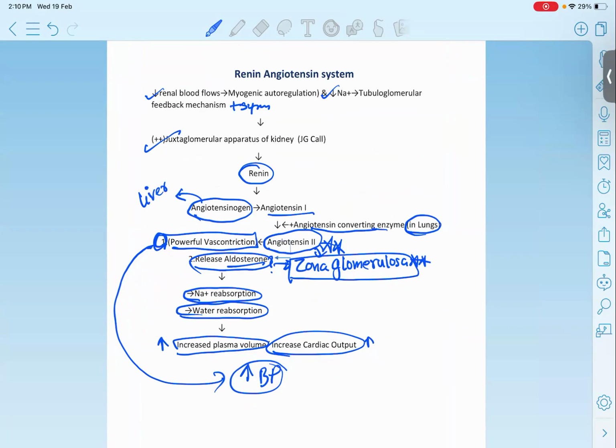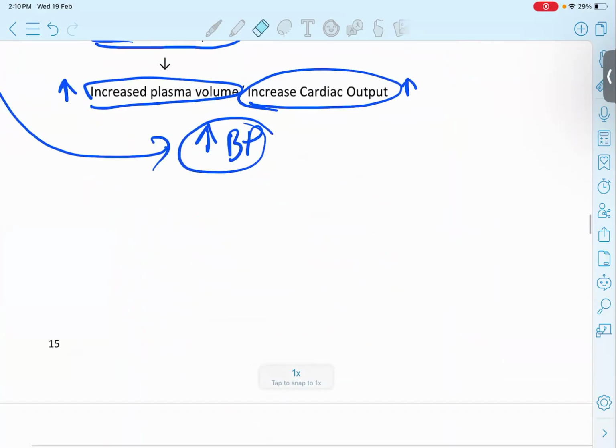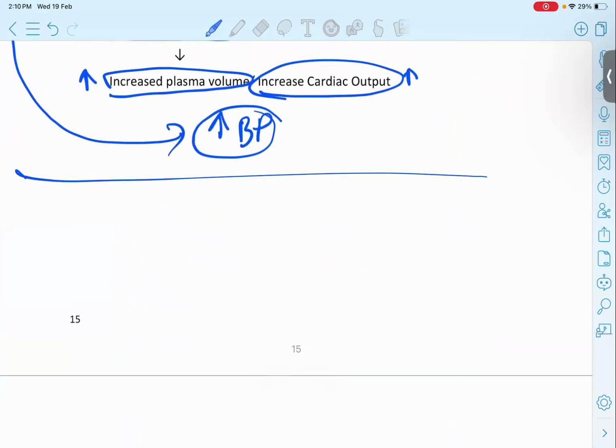Now, there are a few things that I want you to know here. I want to give you a clinical correlate right here. Clinically, we use two drugs very frequently. One is called ACE inhibitor, another is called ARB. ACE inhibitor means angiotensin converting enzyme inhibitor.